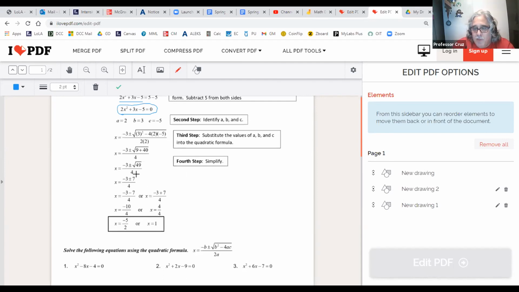So negative 3 minus 7 over 4, and negative 3 plus 7 over 4. So negative 3 and negative 7 is negative 10 over 4. All that does is simplify down by dividing each by 2 to negative 5 halves. But negative 3 plus 7 is 4, and 4 over 4 is 1.